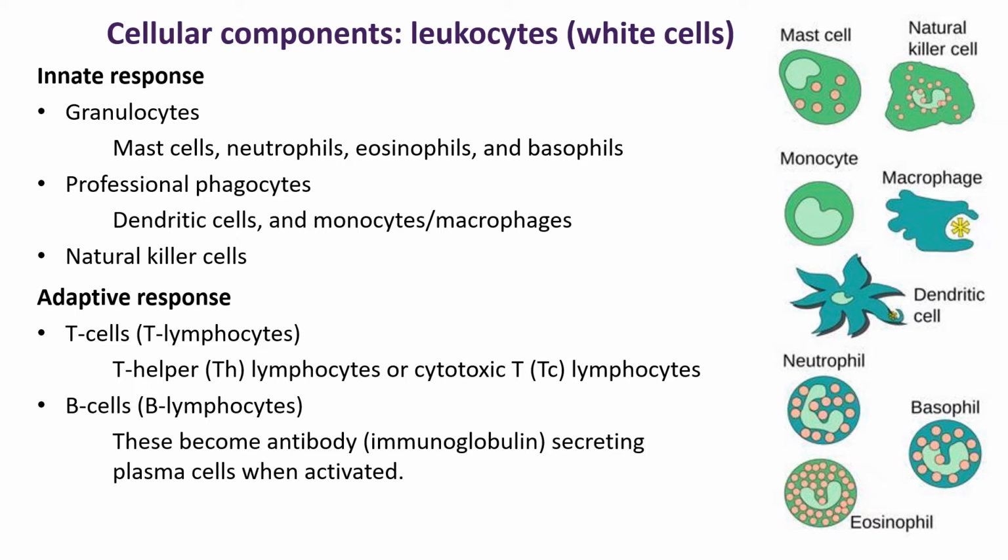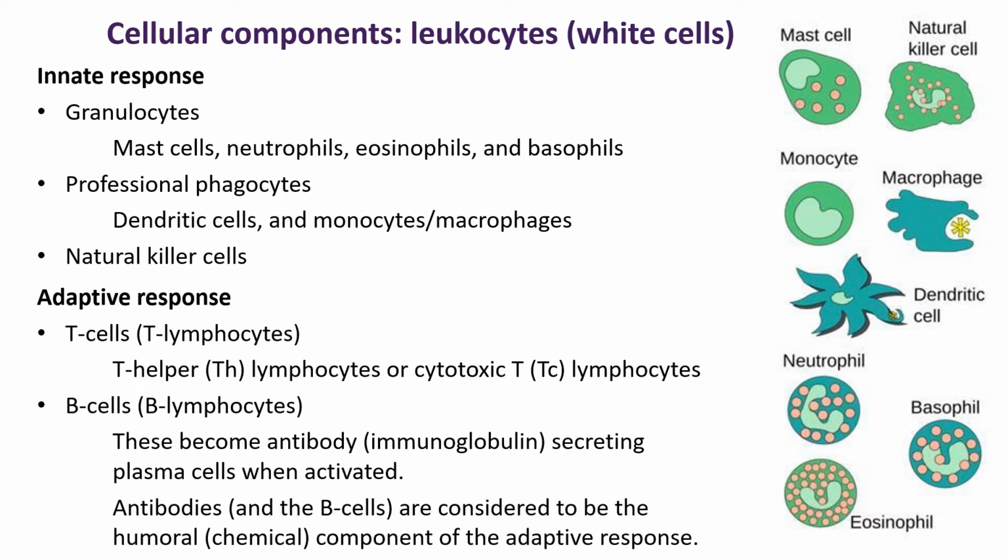When they become plasma cells, they secrete antibodies, little plasma membrane proteins known as immunoglobulins. Remember, a globulin is a plasma protein. Immuno is obvious because they're involved in an immunological response. So antibodies, and in some cases the B cells, are actually considered to be the humoral or chemical component of the adaptive response.